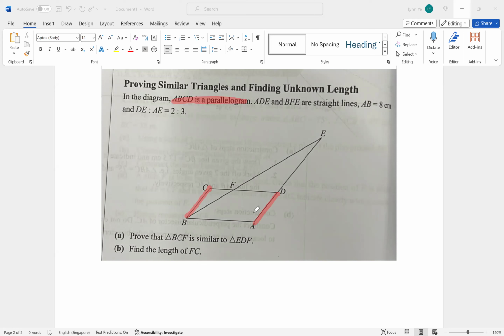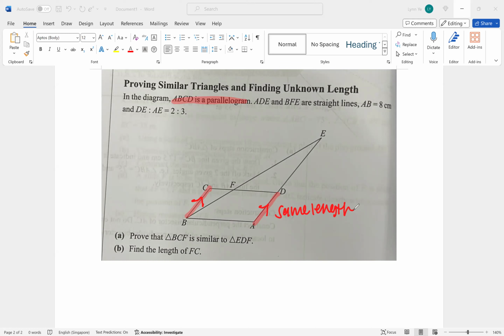There's one more. What can we say about CB and DA besides that they are parallel? Yes, same length. So I also know that they are the same length.